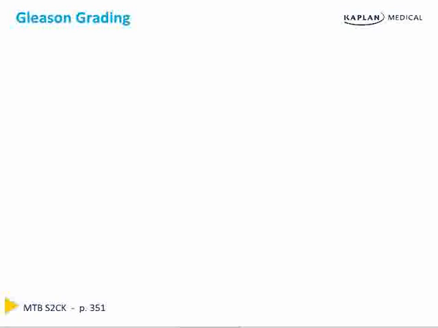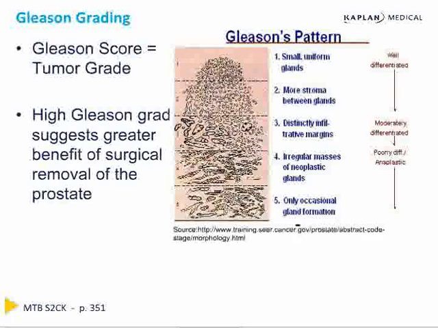So we've said a biopsy is of the utmost importance in making the diagnosis of prostate cancer. So what do we look for when we examine a prostate biopsy? The Gleason score is a number from 2 to 10 that describes the histologic grade of the tumor. A higher Gleason score means the cancer looks less like the normal prostate with small unified glands and more like a dedifferentiated anaplastic tumor.